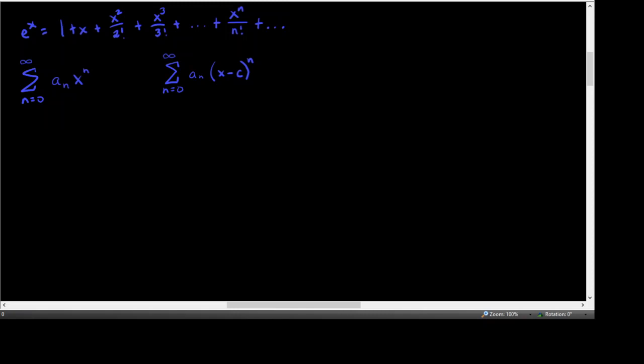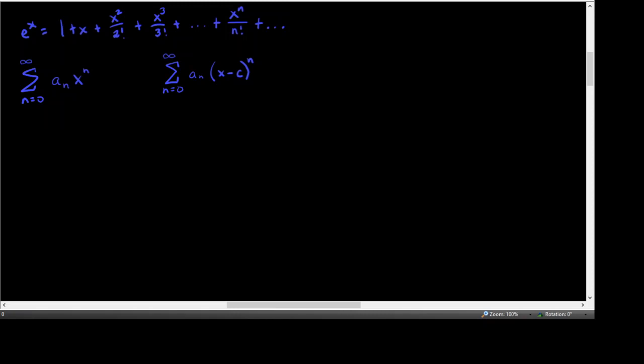And so when it's x minus 0 raised to the nth, it'll look like x to the nth. That will always be centered at 0. And then in b, the x plus 1 means it's centered at negative 1. And the x minus 1 in each of the terms in example c means that it's centered at positive 1.